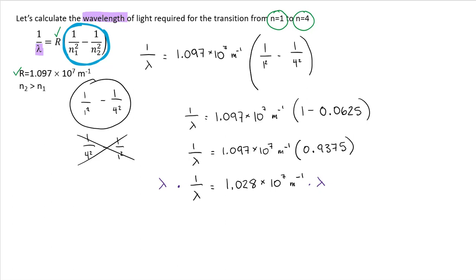Wavelength on top cancels with wavelength on the bottom on the right, and you are left with 1 equals 1.028 times 10 to the 7th meters to the minus 1 times the wavelength. Now you're going to divide both sides by 1.028 times 10 to the 7th.